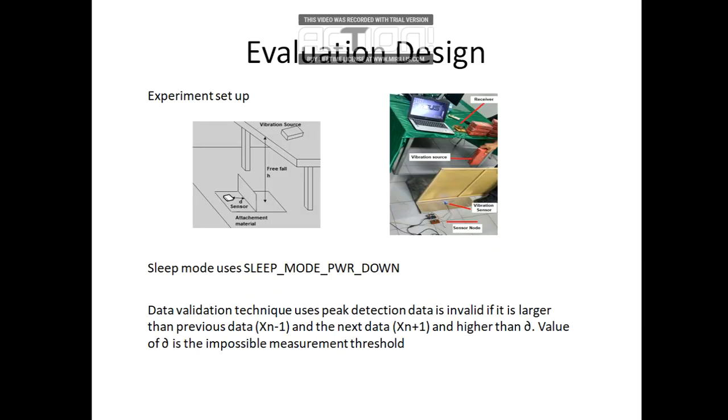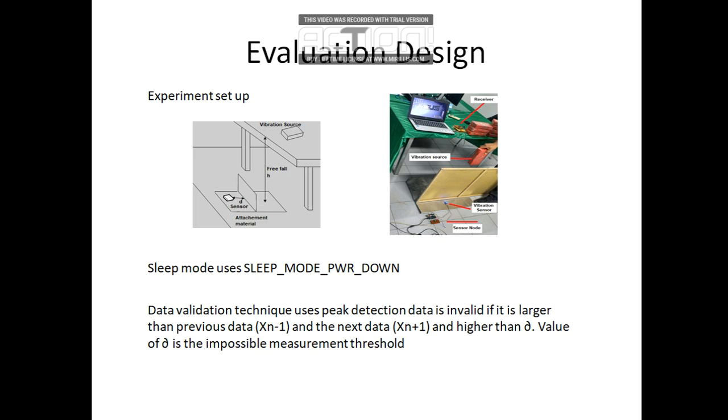And then we evaluate the sensor assessment by using free fall vibration source, using 3, 6, and 9 kilograms vibration source, and we put the sensor on the base material made of either aluminum sheet or ceramic.